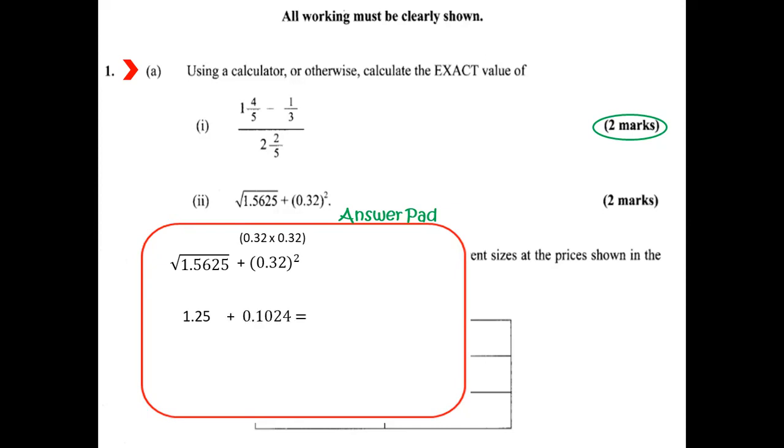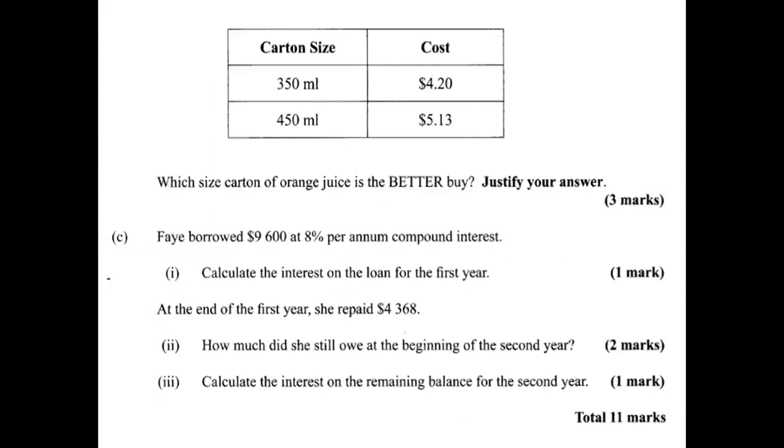And then the square of 0.32 means you're multiplying it by itself, not by 2. It's 0.32 times another 0.32, 0.1024. Our answer, 1.3524, for another 2 marks.